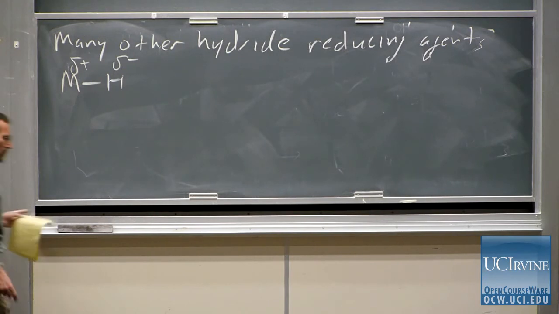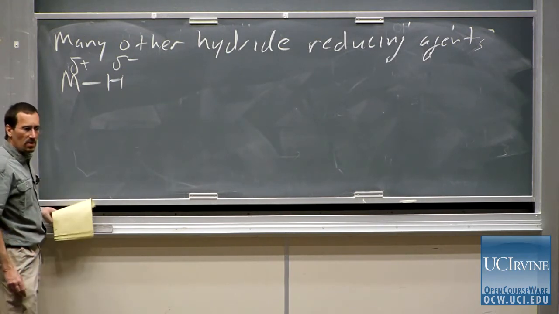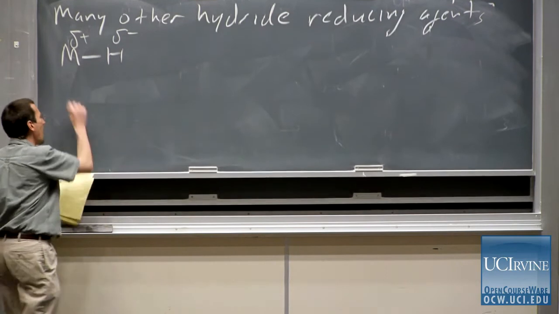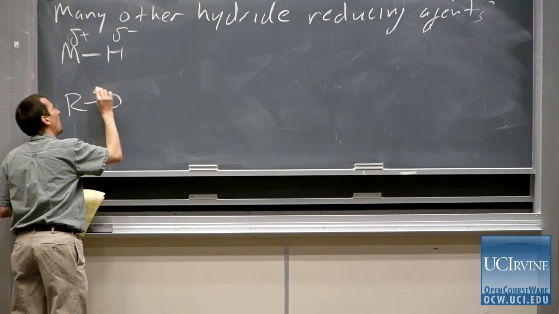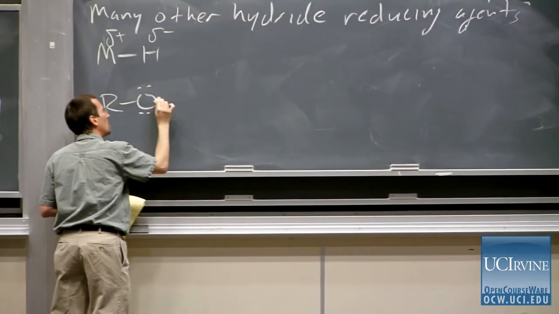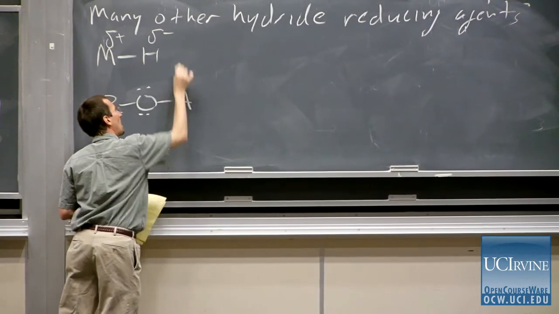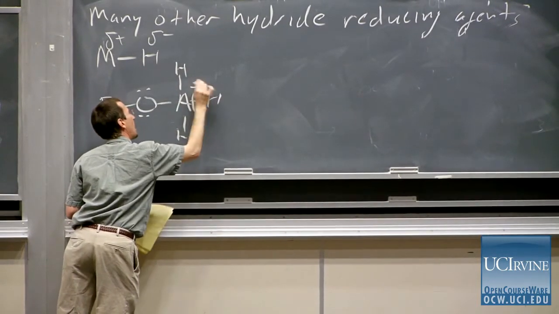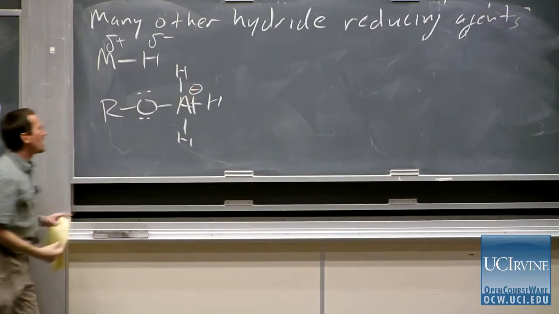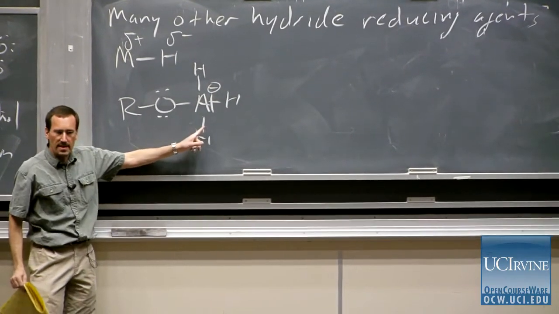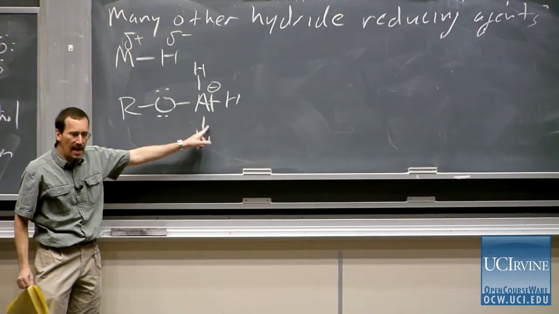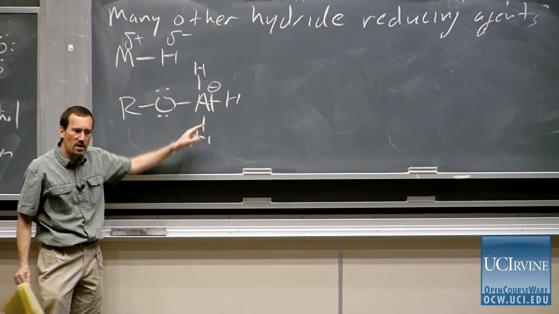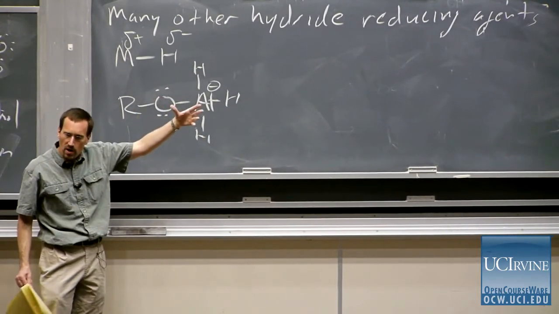So the general principle, as I said, with lithium aluminum hydride: technically, after that first mole of hydride has transferred, the AlH3 reacts with the alkoxide, and now this intermediate can transfer hydride anion again to another carbonyl group.